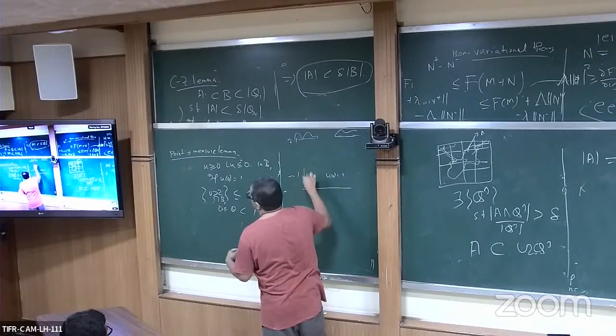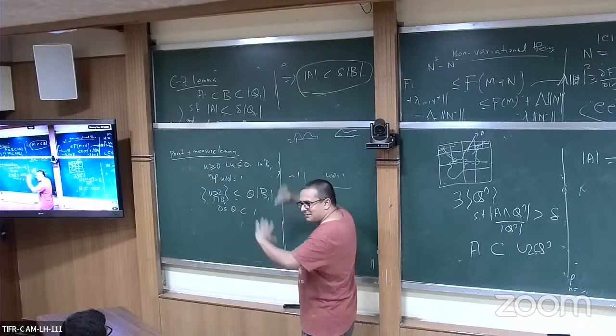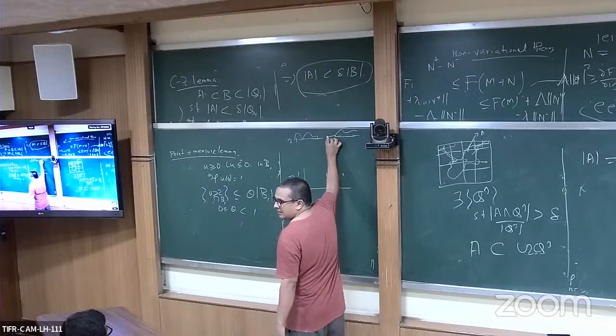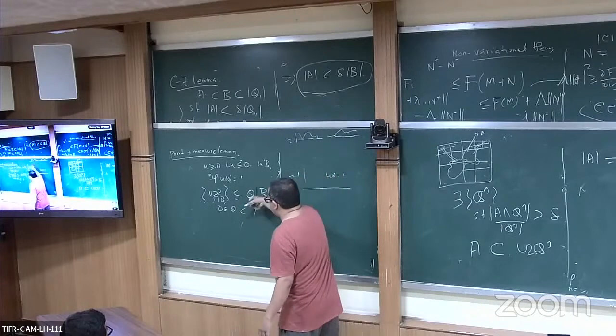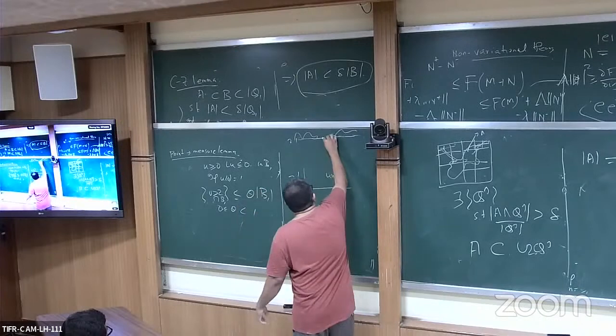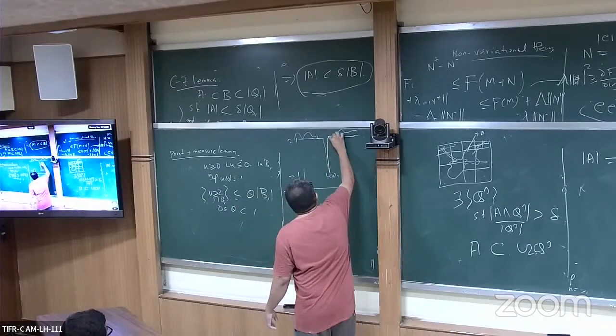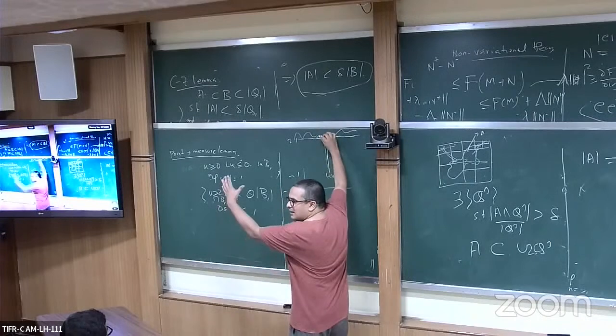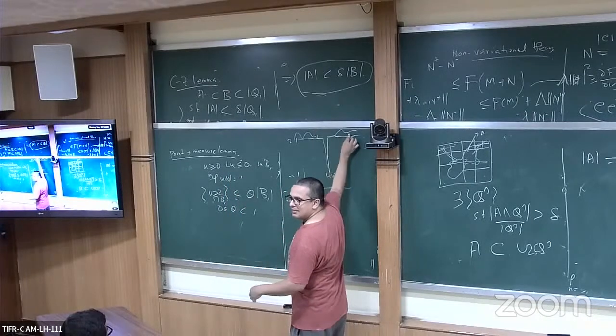This is the 1 level, this is the 2 level. I'm exaggerating it so that I can explain it by the picture. If this set is too large, that means that theta is very close to 1. That means that I have a very narrow region in which I can go from 2 to 1. Then I have this much time to go from 2 to 1 if this set is very large.